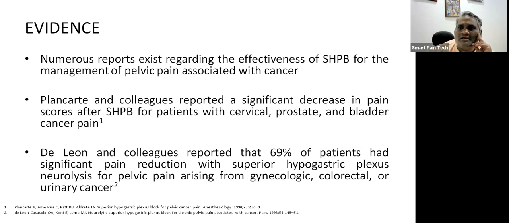He reports a significant decrease in pain scores after superior hypogastric plexus block for patients with cervical, prostate, and bladder cancer. De Leon is another physician, from the US, who works in New York. He also reported that 69% of the patients had significant reductions with SHPB for pelvic pain arising from gynecological, colorectal, or urinary cancer.